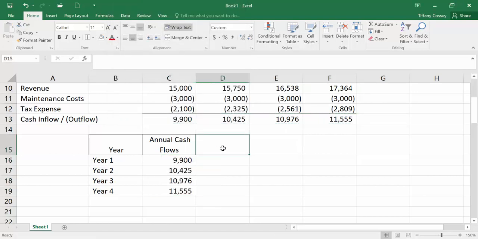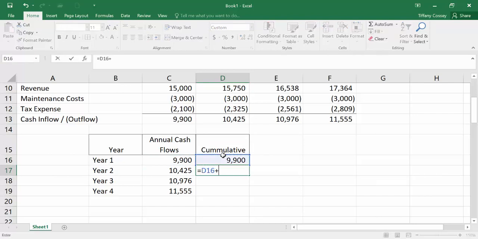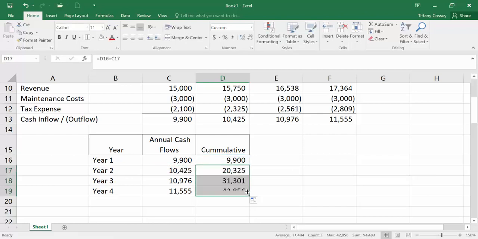And then I'm going to keep a running total. So for the first year, it just equals the cash inflows from year one. Year two equals the cash inflows from year one plus year two. And so on and so forth.